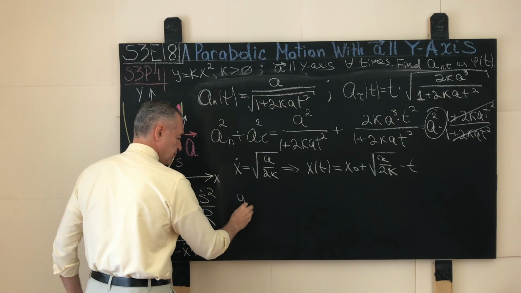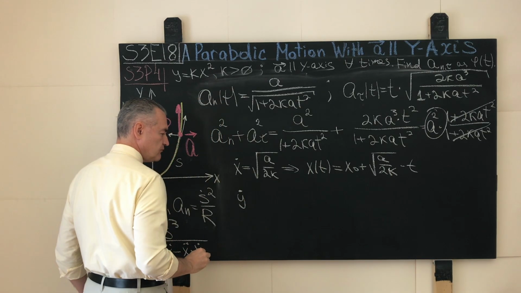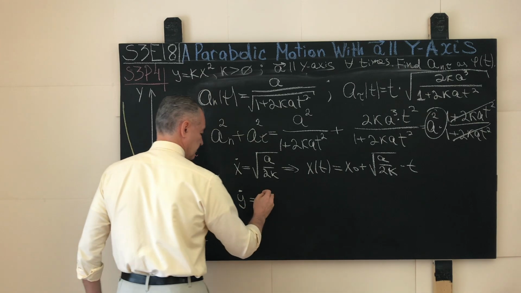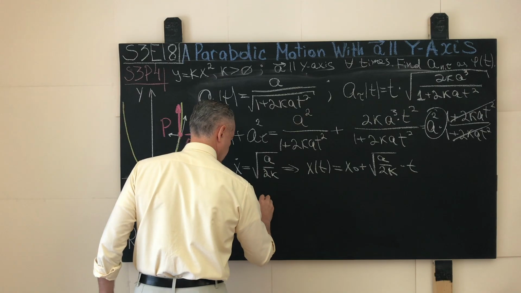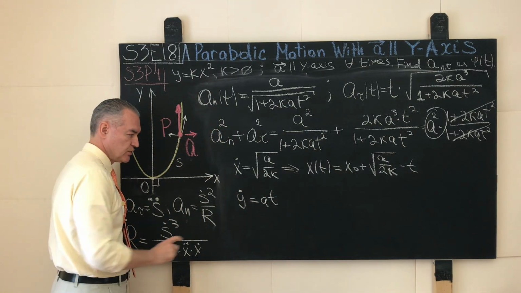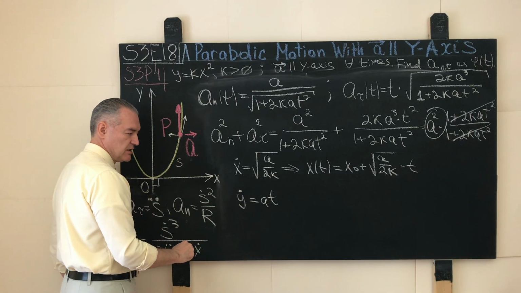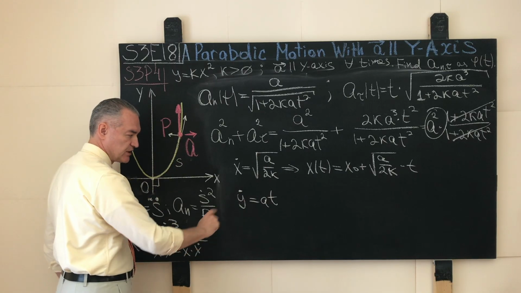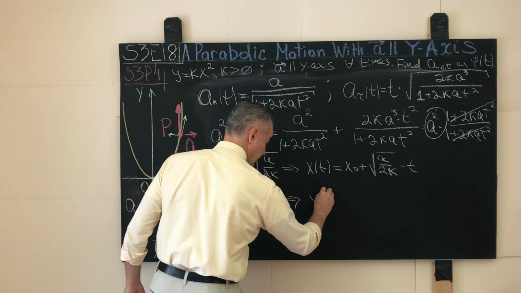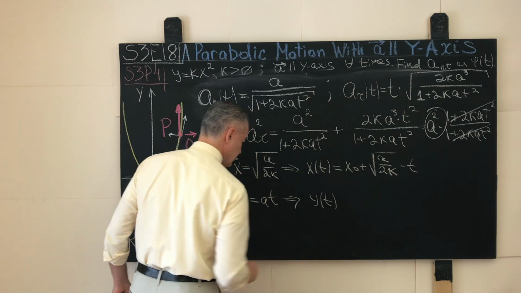What was our expression for y dot? It was a t, if I'm not wrong. So integrating both sides of this equation, you can suggest to your examiner that you can write down the expression for the y component as a function of time.